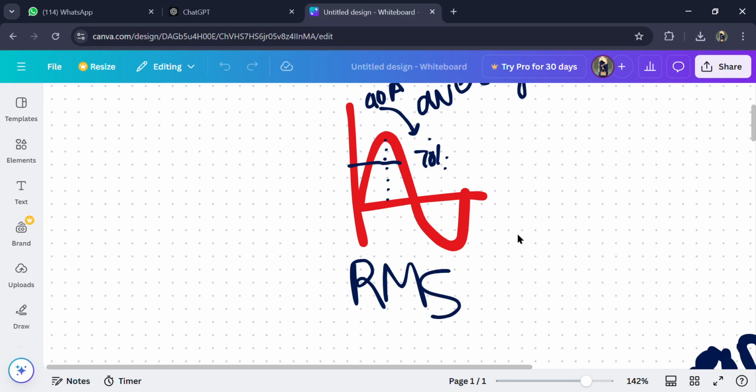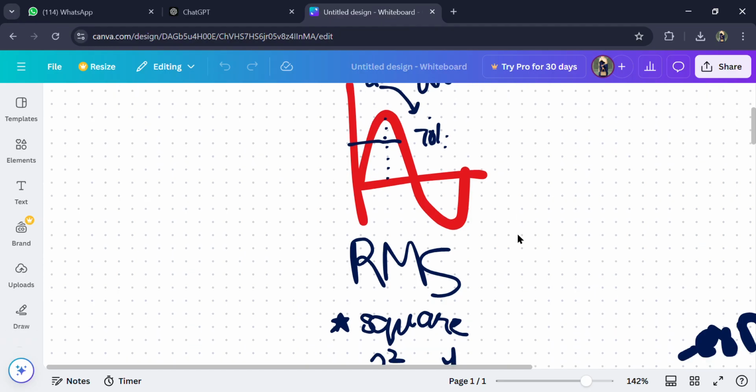How to take the root mean square value? That is also simple. First, you need to square the value. Let's say, 90 will be a larger number, so let's say it's 2. First we'll square the 2, so 2 squared is equal to 4.